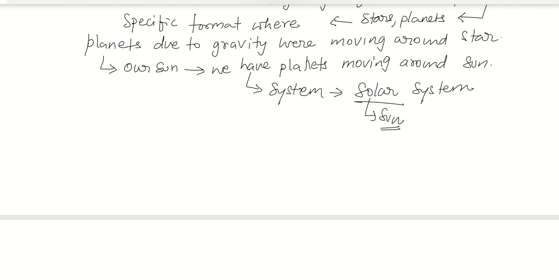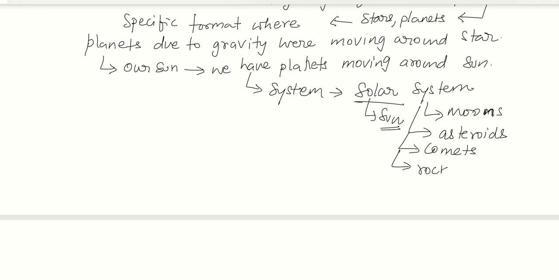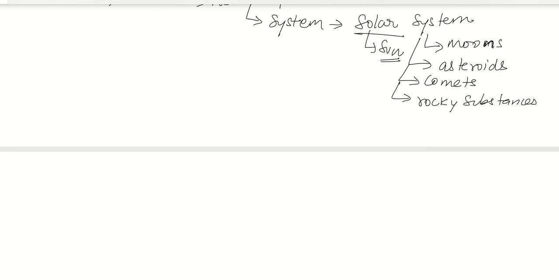These solar systems also have moons, they also have asteroids, which we will discuss after some time. They also have comets, and they also have some rocky substance. Okay, we will come to each one of them one by one here. So let's begin.